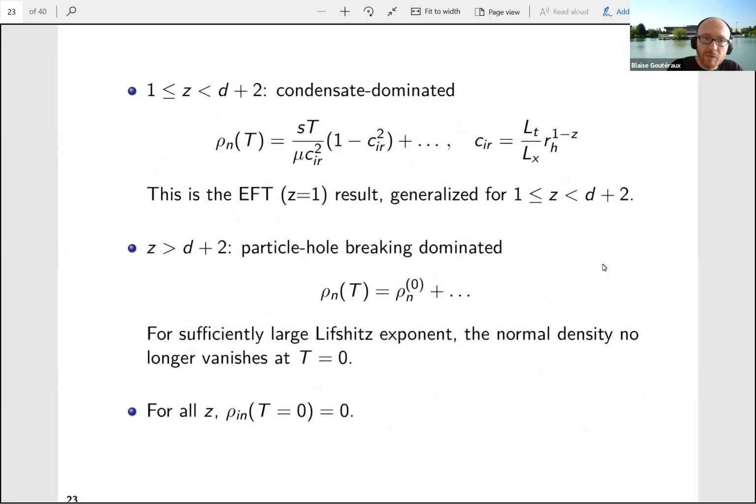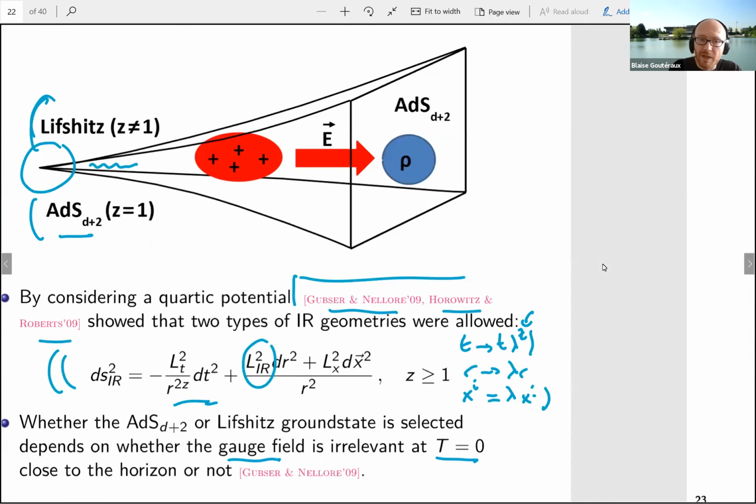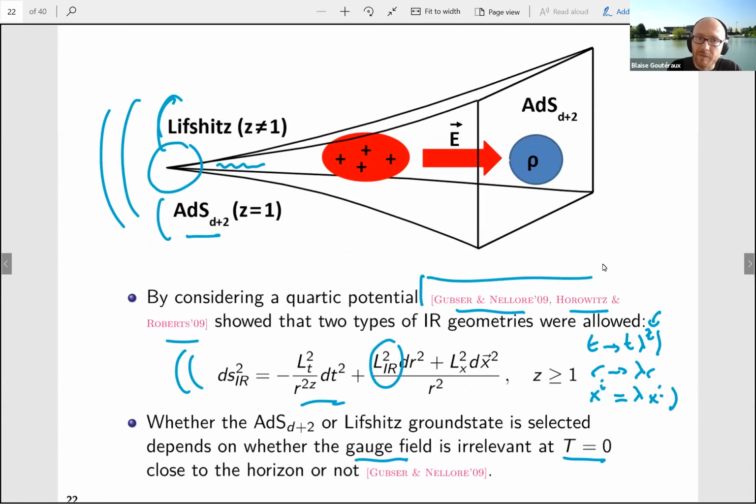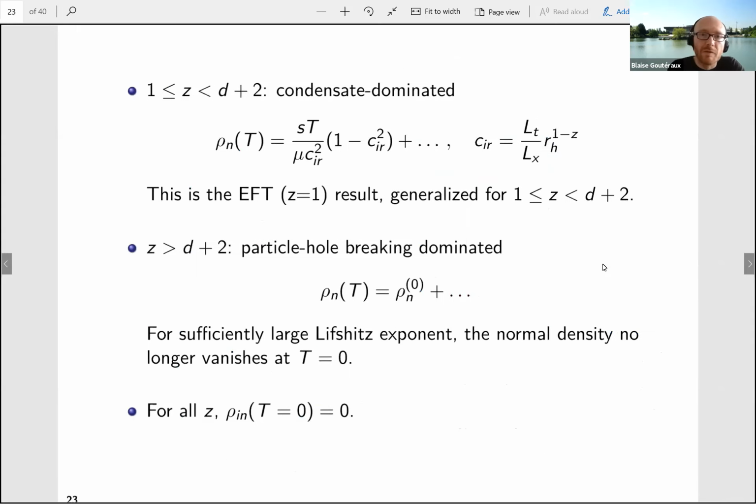So when you go through the calculation and you take into account this knowledge about the two types of ground states of the system, you find that when this dynamical exponent z is between 1 and d plus 2, where d is the number of spatial dimensions, then the condensate deformation dominates.